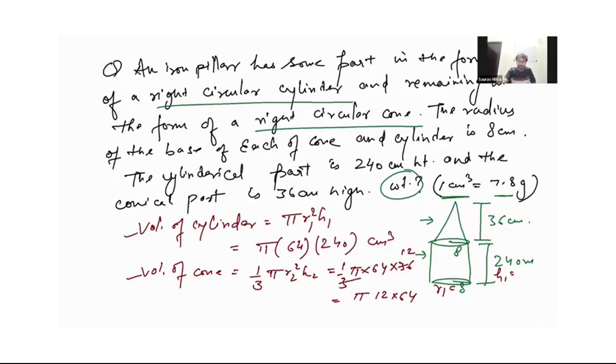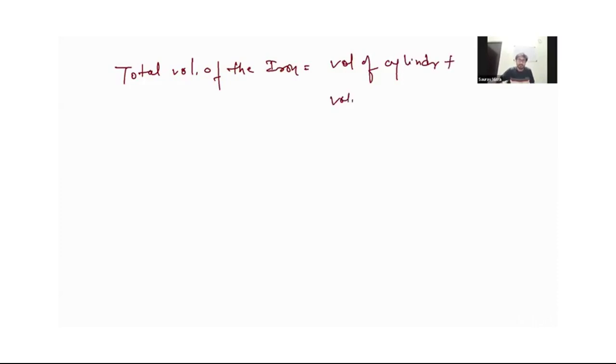Now we know the total volume. The total volume of the iron will be the volume of the cylindrical part plus the volume of the conical part. That means pi into 64 into 240 plus pi into 64 into 12.